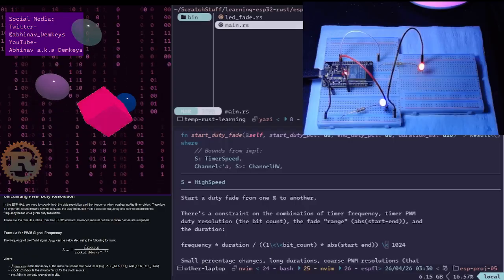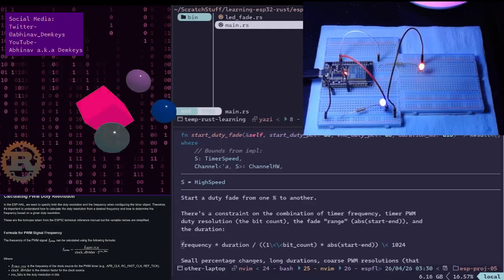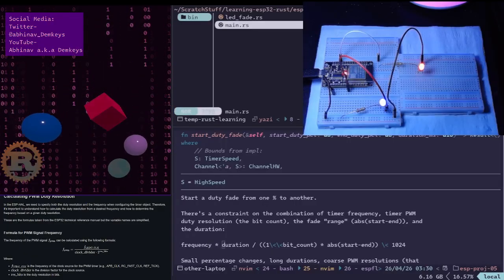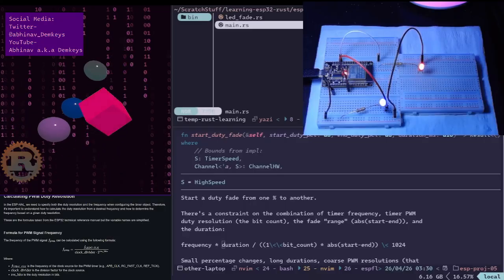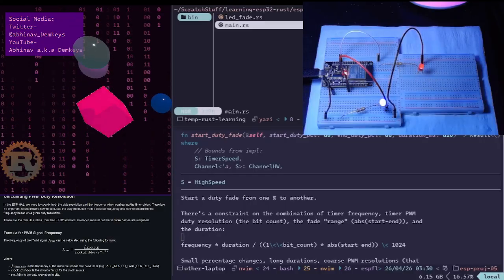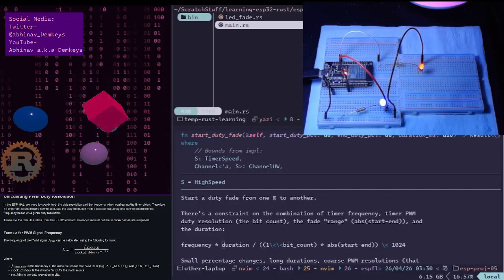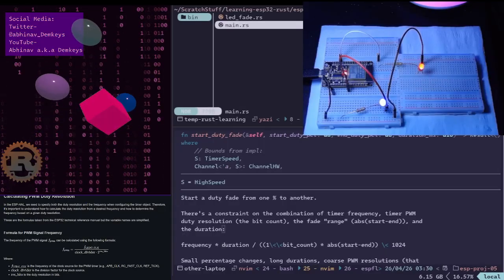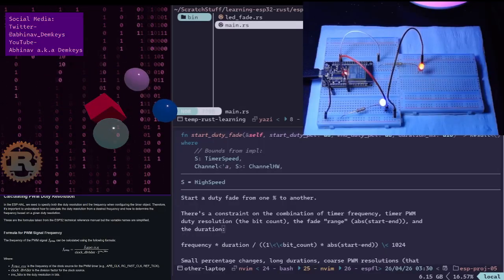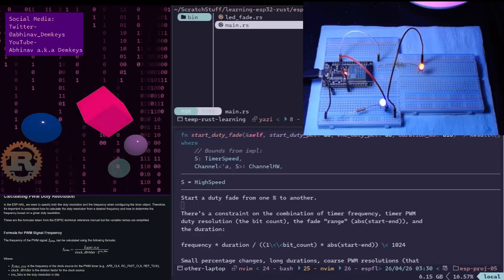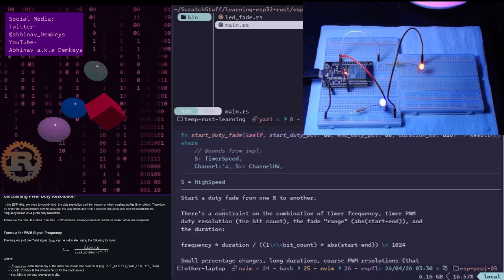So we do frequency multiplied by duration. Let's say our frequency is 64. Our duration is in what, milliseconds? So let's say 1000. Does it mention? Yeah, it does say duration is meant to be in milliseconds.